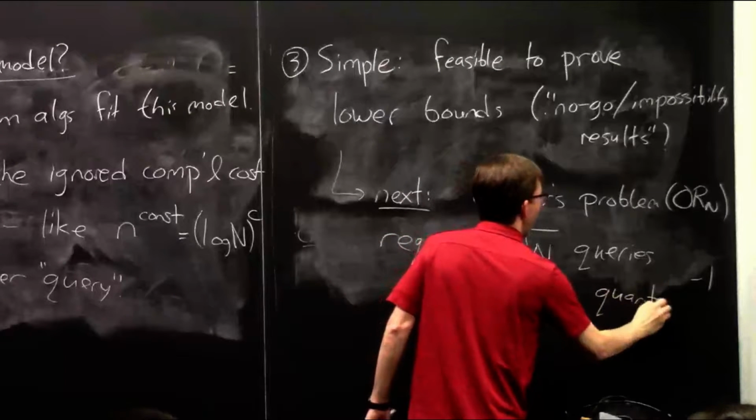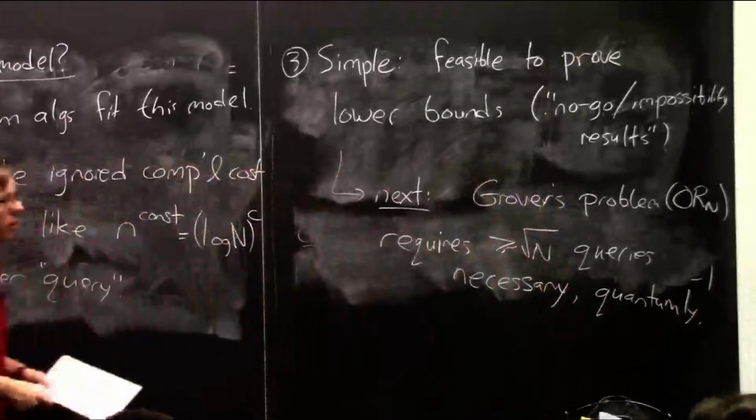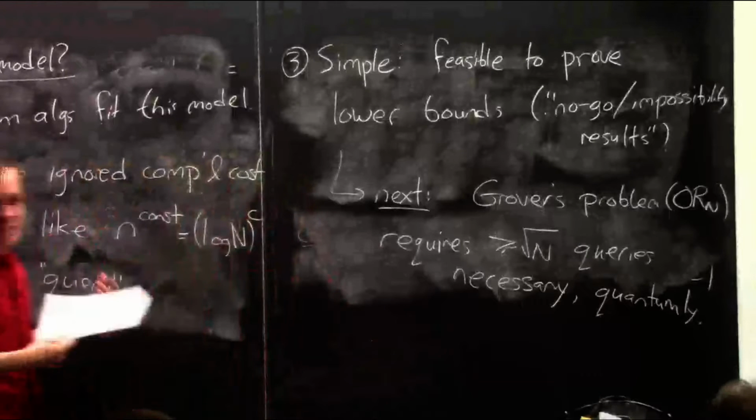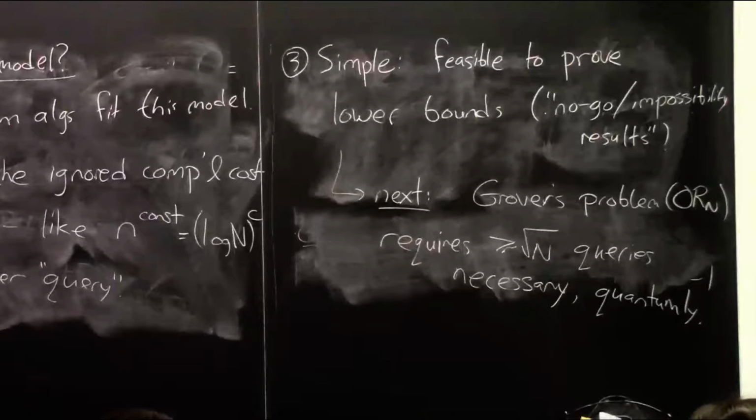Okay, that matches the upper bound that Grover proved, that on the order of root capital N queries suffice. That's very satisfactory. It goes to show that, at least within this query complexity model, Grover's algorithm is optimal.